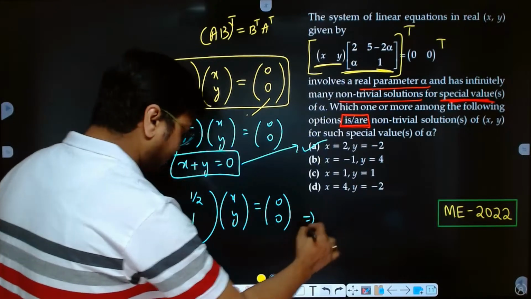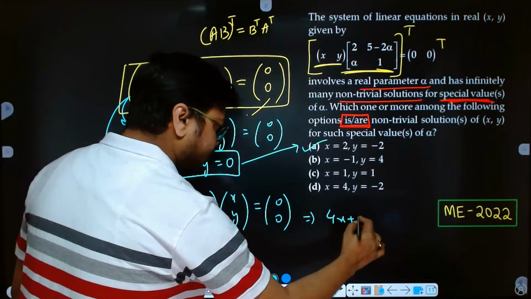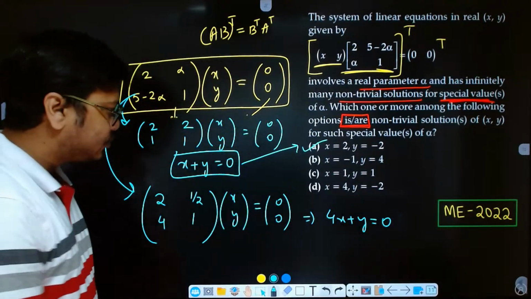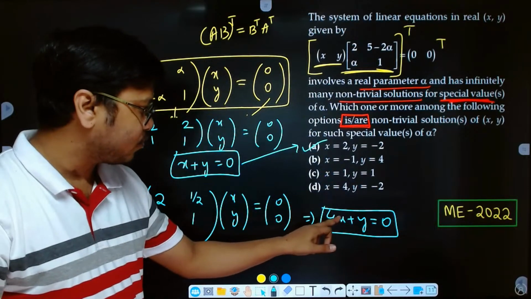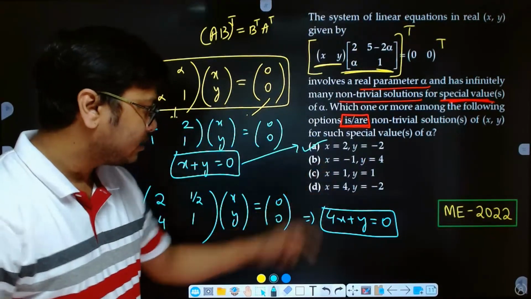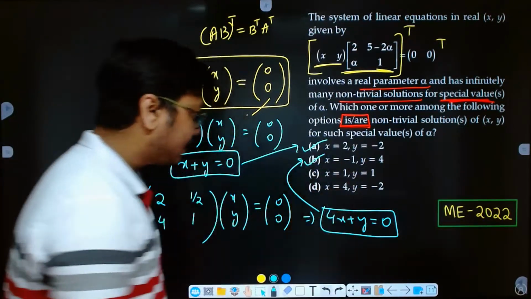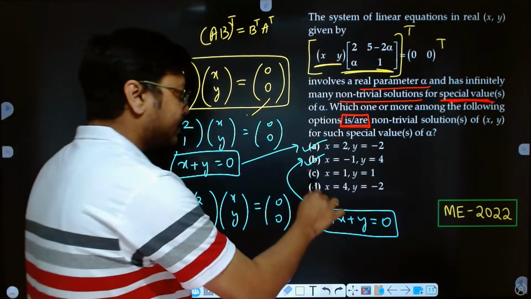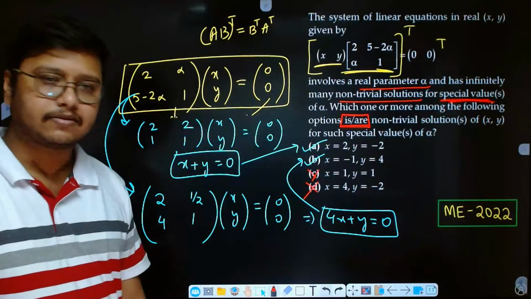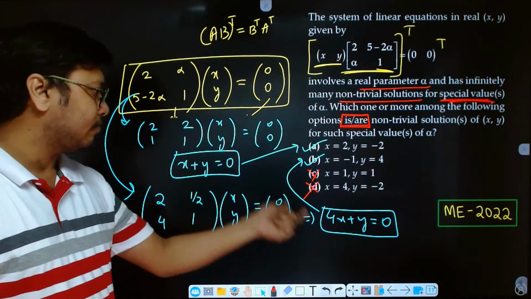So I'll just take one of the equations, which is 4x plus y equals 0, and check which solution satisfies this equation. If x is minus 1 and y is 4, I can see option B is satisfied, option C is not satisfied, option D is not satisfied. So that means A and B are the correct answers, one for alpha equals 2 and one for alpha equals half.